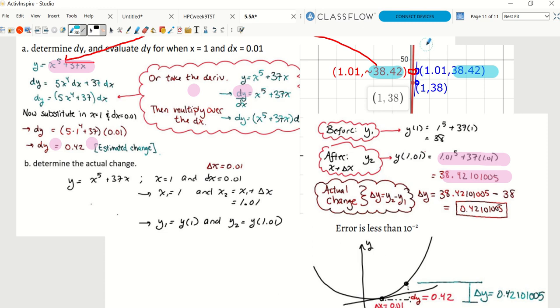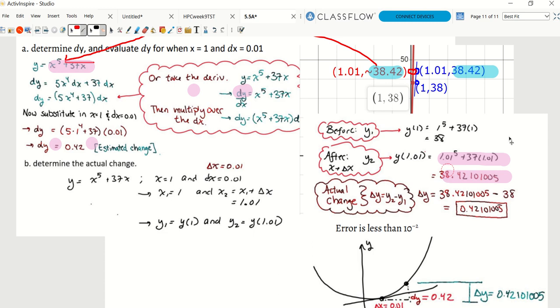As we drift farther from this original red point, if we're trying to find an estimation up here, that means the blue line will diverge from the red graph and our estimation becomes less accurate. The closer we're trying to find the estimation to the original dot, the better our estimation will be. The farther we're trying to find the estimation, the more the divergence of the blue and the red line becomes.